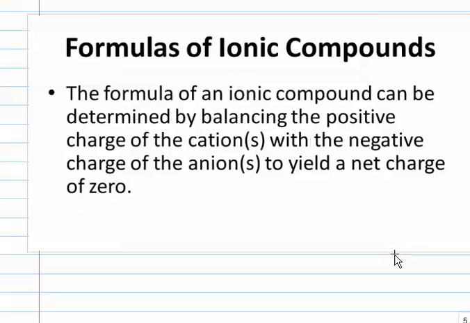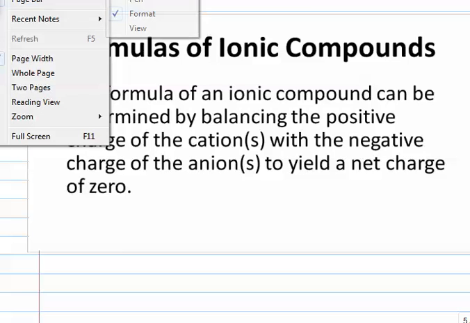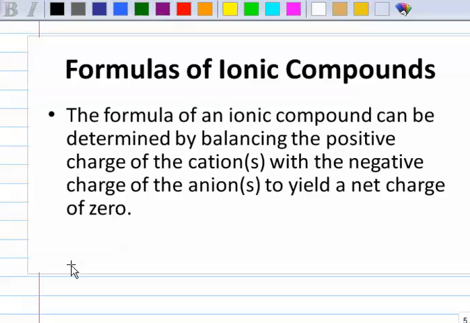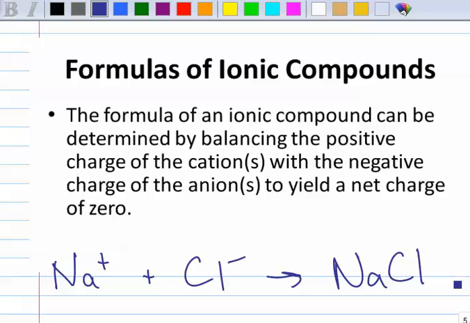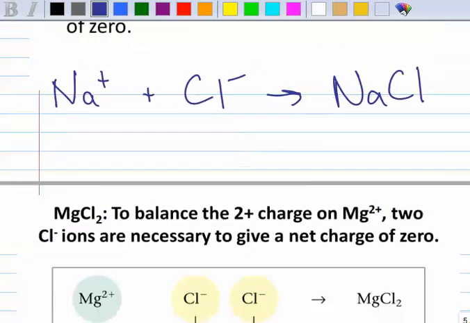A very simple example here: the sodium ion, Na+, comes together with the chloride ion to form a very common salt, sodium chloride. So NaCl, one sodium ion with one chloride ion to yield the net neutral compound sodium chloride.